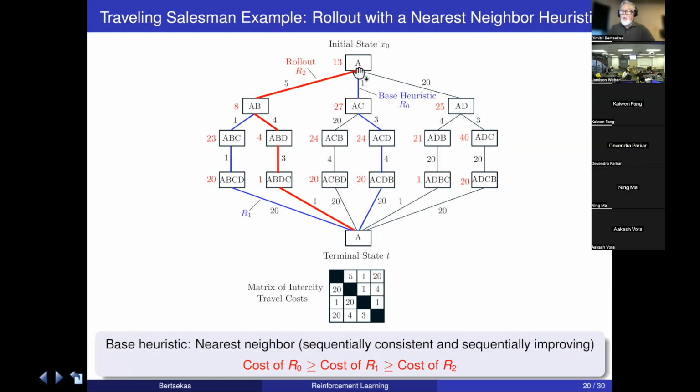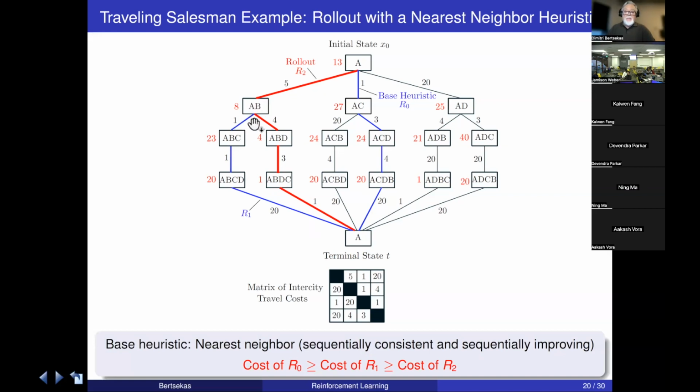We compare the total Q factor, the total cost, the Q factor of this move, and that move, and we find that this one is better. So now this is our current trajectory. This is R1, and it is better than R0. If you compare the numbers, I think this is 27. This one is 28.